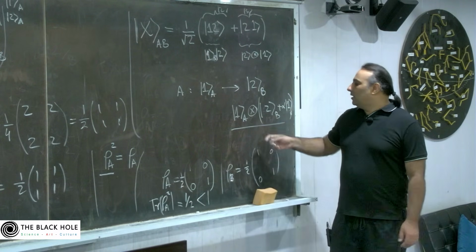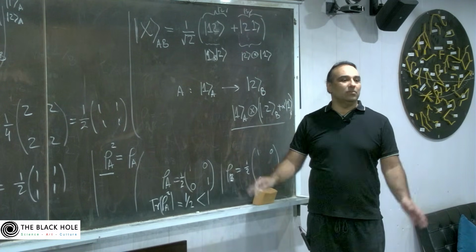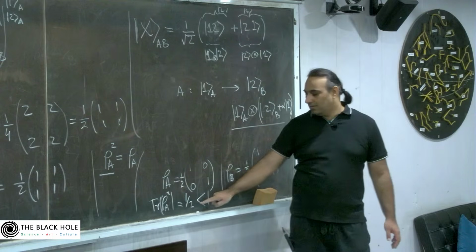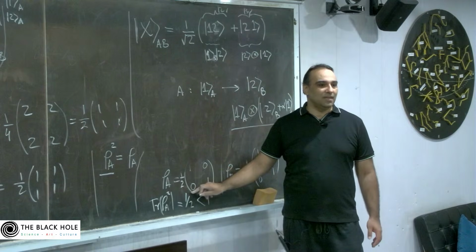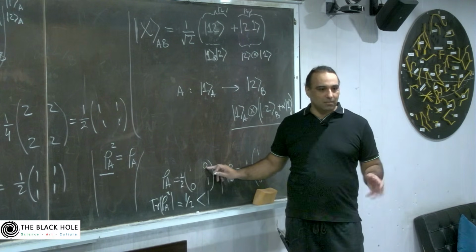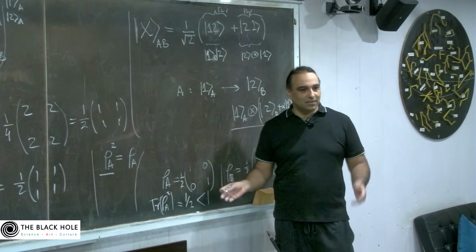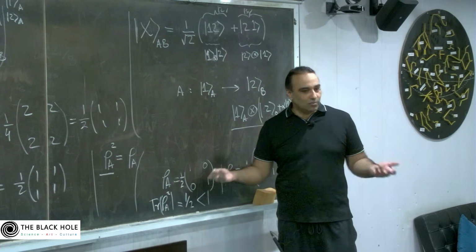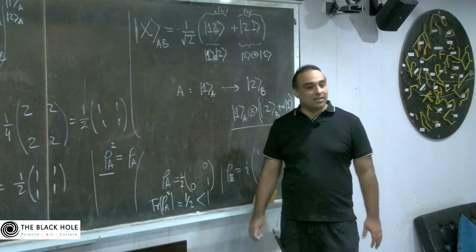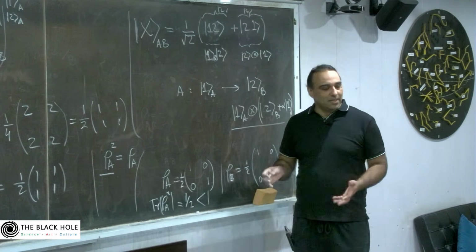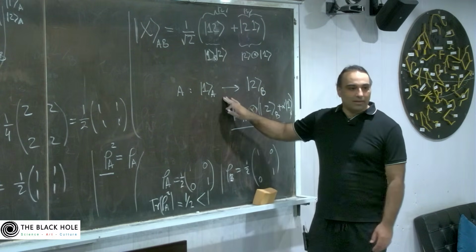If they are perfectly correlated, that means if you measure one, you know the other as well, then you get this half, and you get zeros over here. Otherwise you get some number over here as well, and that would increase this number above half. It can still be less than 1, but it would be greater than half, and it would still be an entangled state. The whole state would still be entangled, but the degree of entanglement would be slightly less. So this is a maximally entangled state.